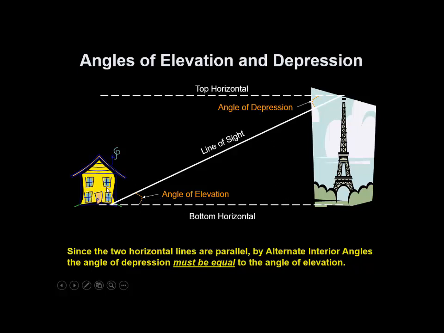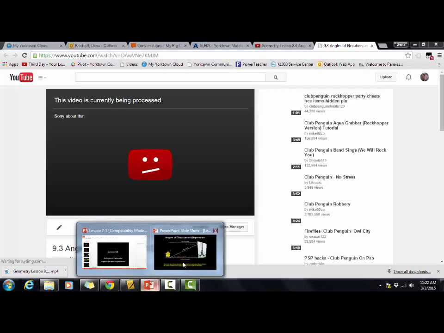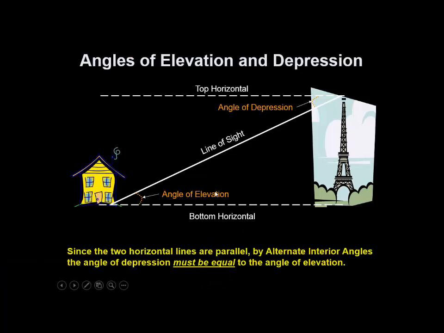And when we talk about the angle of elevation, we're talking about the perception of viewing from the home or whatever it is we're talking about. Here in this case, we're talking about a house. But the angle of elevation represents the degree that they have to look up. That would be an angle of elevation.